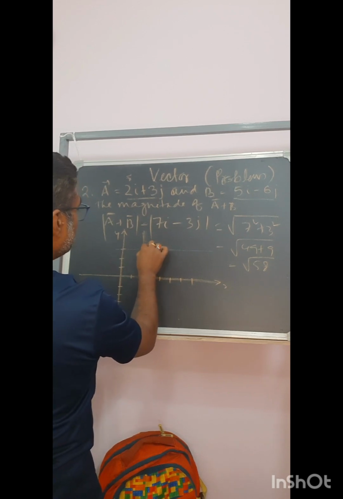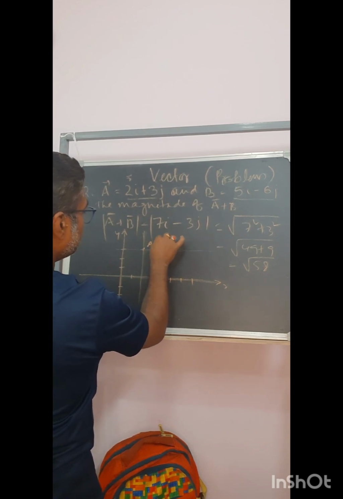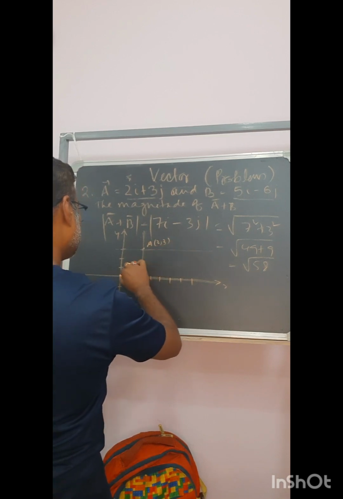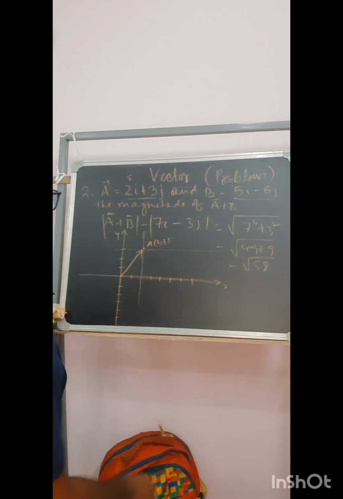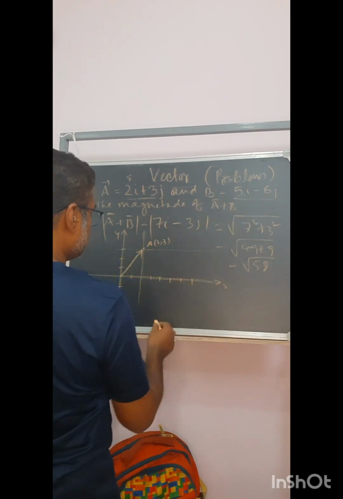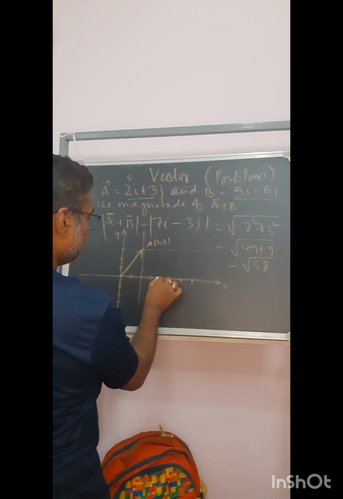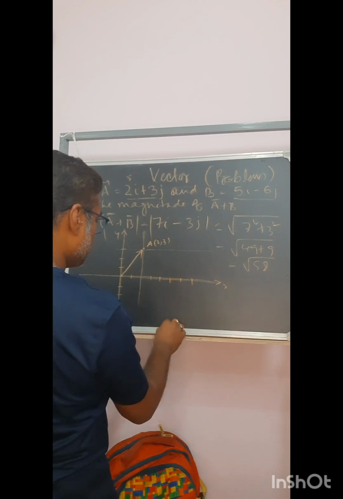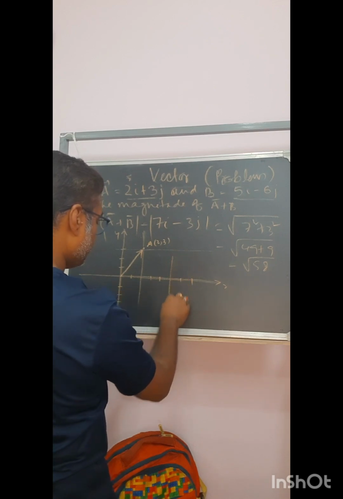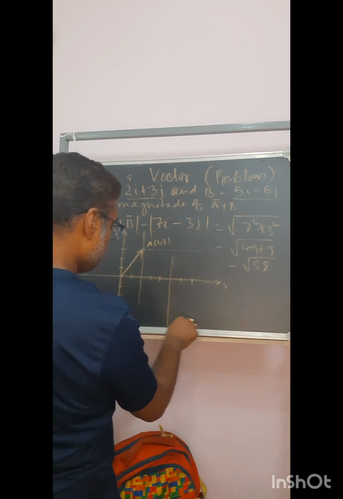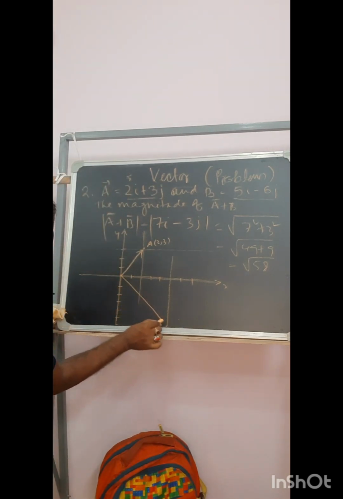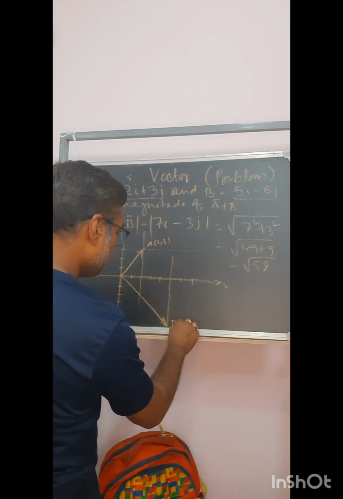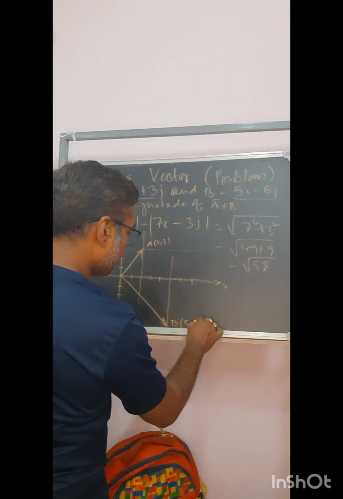I can say this is A, represented by 2, 3, and this is your position vector. Second one is B, which is 5, minus 6. 1, 2, 3, 4, 5, 6 means the last one. So if I draw vertical, this will be the vector. So this will be your B, 5, minus 6.